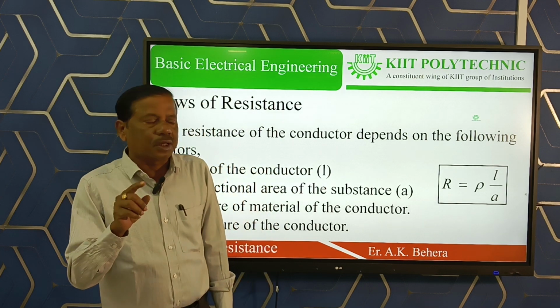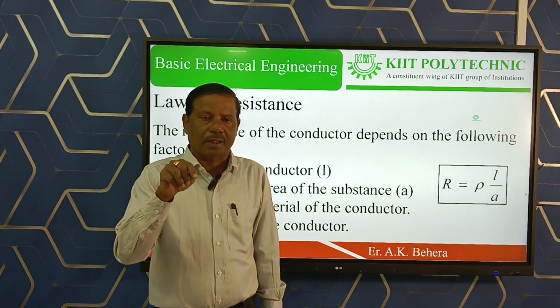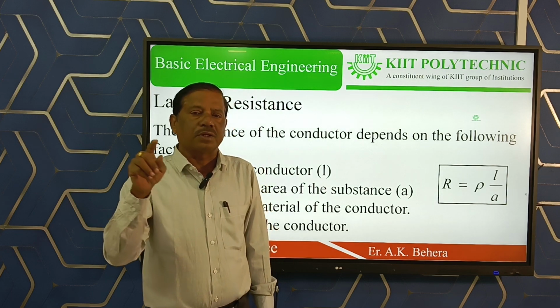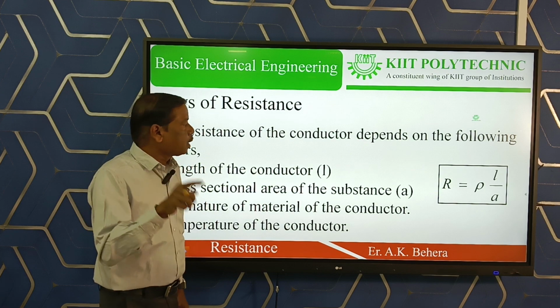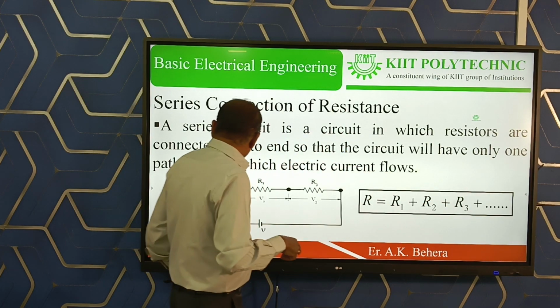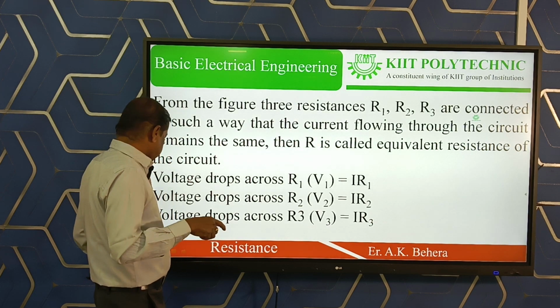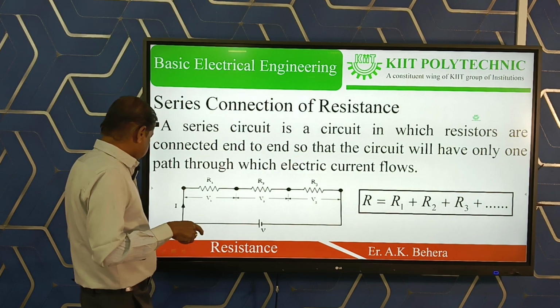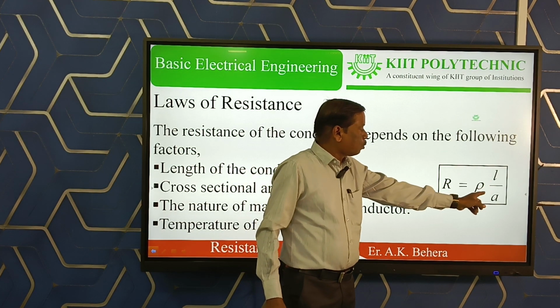We represent the resistance by the letter R. R is directly proportional to L by A. If we remove the proportionality constant, we will get R equal to rho into L by A.